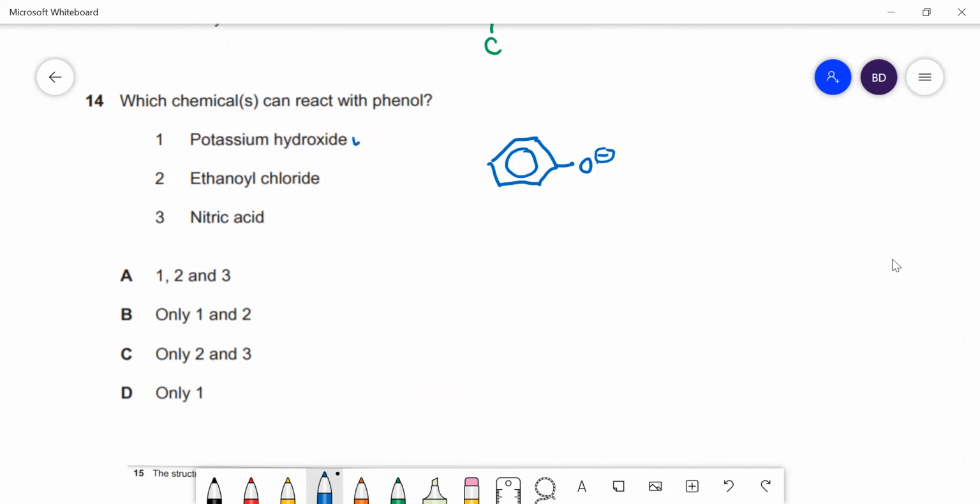So yeah, it can react with that. Can it react with ethanoyl chloride? Yeah, they can. You're going to get acylation there. It can react there to form an ester, and you lose HCl. Yeah, it can do that.